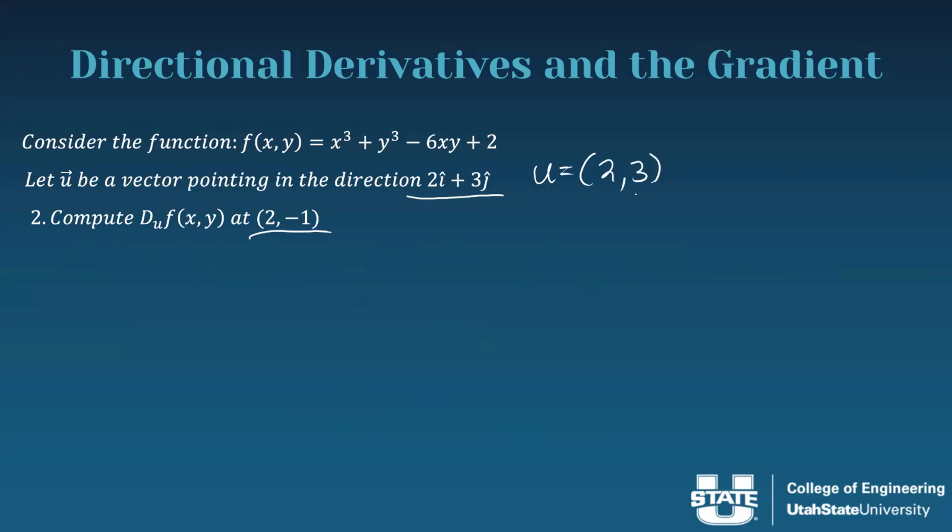Is that what we're going to use with our dot product? Nope, we need to make it a unit vector. In order to do that, we need to find the magnitude, which is the square root of 2 squared plus 3 squared, which is 4 plus 9, or the square root of 13.